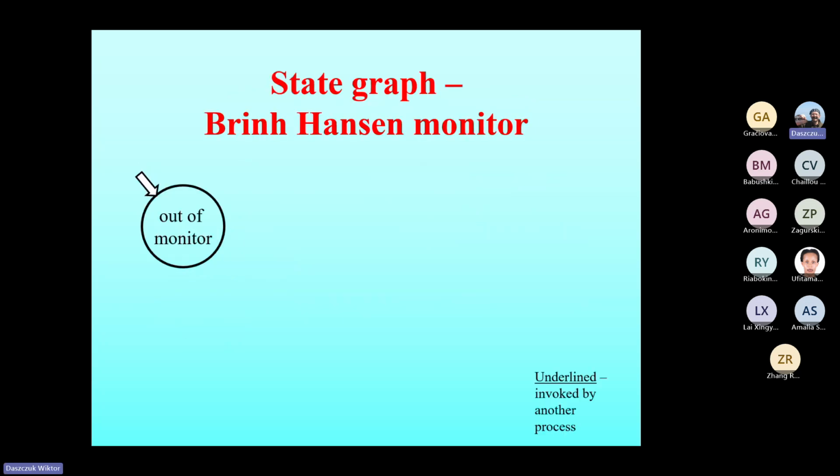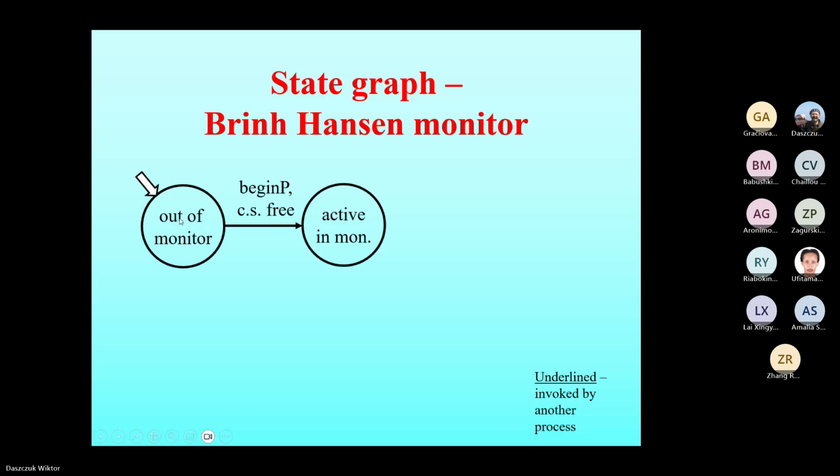Let us look at the graph of states. Here I did not prepare an animation. So let's look. Out of monitor process, when it wants to enter the critical section, it starts one of the methods of the monitor.